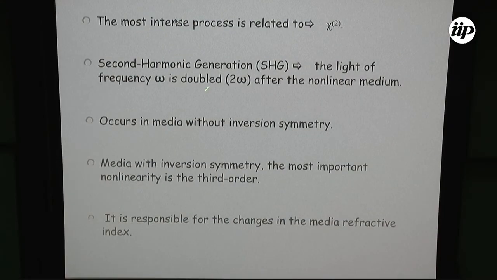Well, so in the case of a medium without this mirror symmetry, chi2 is the most important. It's named the second harmonic generation. So here it's possible to shine a sample with a particular color of the laser, and you will see a different color, a different frequency, at the end of this experiment.